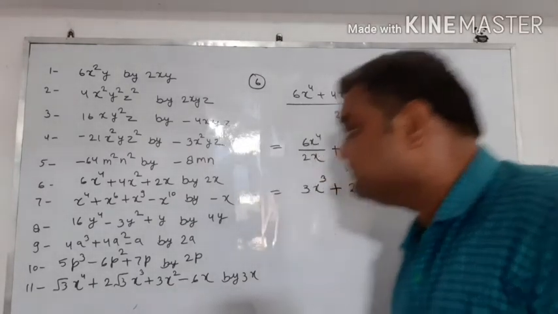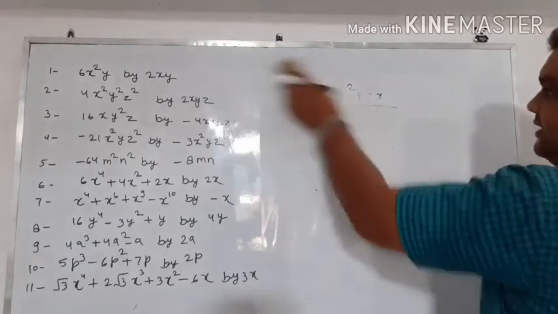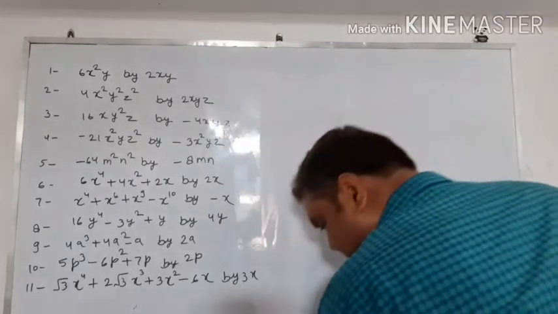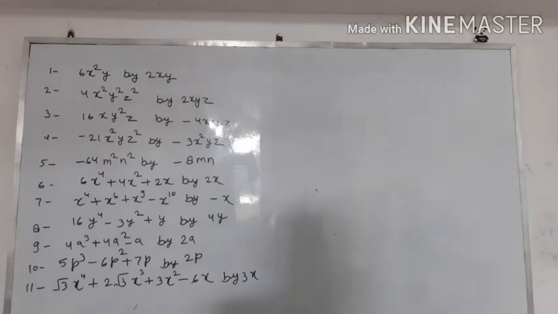After that, we will see question number 7 also. Question number 7 is also a very important question for you. So let's see how we can do question number 7. In question number 7, you can see x to the power 4 plus x to the power 6 plus x to the power 9 minus x to the power 10.